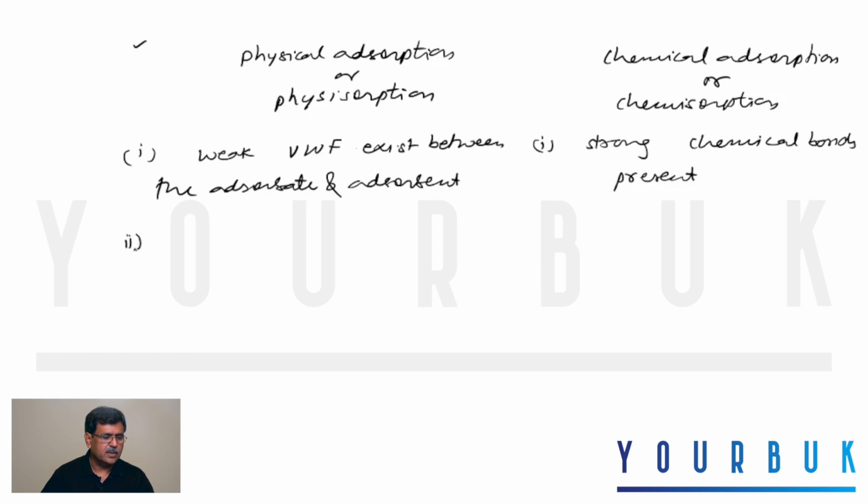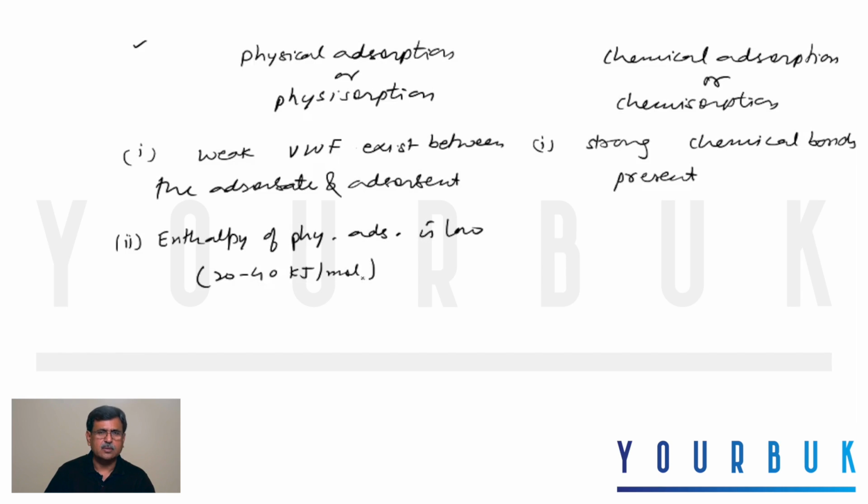Now the second point is adsorption is an exothermic process, so heat is evolved. In this case the enthalpy of physical adsorption is low. It is in the range of 20 to 40 kilojoules per mole. So less energy is released because the interaction between the solid surface and the gas molecule is weak.